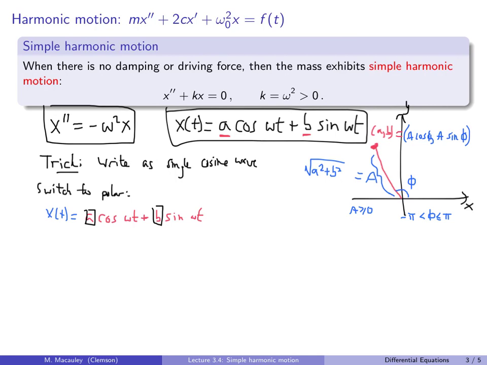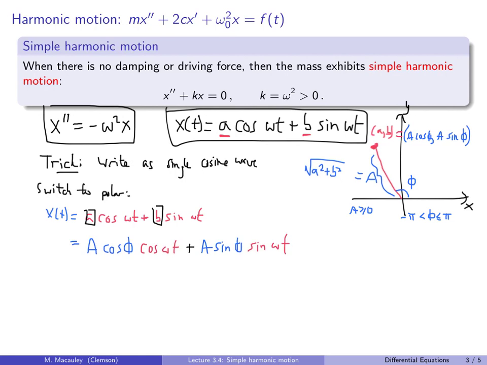So you can't stop me from rewriting this as A cosine of phi times cosine of omega t plus A sine of phi times sine of omega t. There's nothing wrong with doing that, right? And now we're going to do a trig identity.